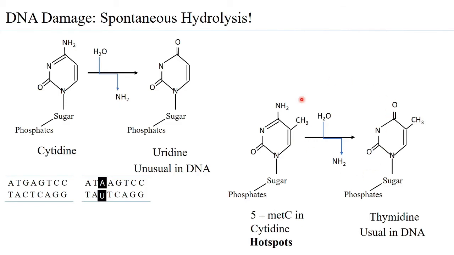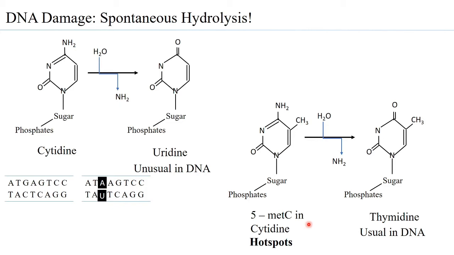So this kind of mutation is not really good for the system. Why? Because it cannot be recognized as an altered nucleotide, and hence it can remain without being repaired. Such 5-methyl cytidines are considered to be hotspots in DNA.